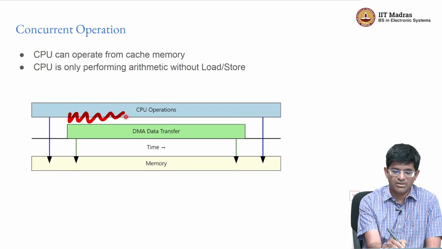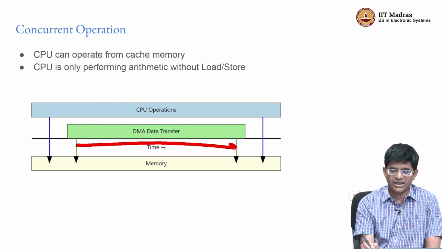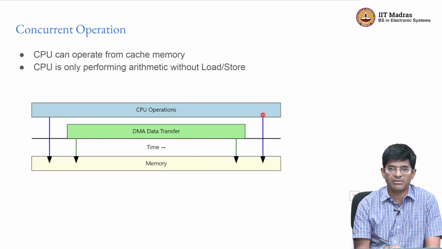From there onwards, the CPU is basically talking only to cache and performing computations. During that time, the DMA can take over and transfer some data from one place to another. After that, the CPU eventually comes back and starts reading from main memory again. Now, is this guaranteed? By no means. But it is a common enough pattern that in practice you actually get fairly good performance overall from something like this.